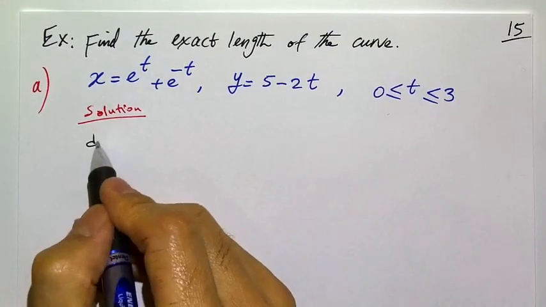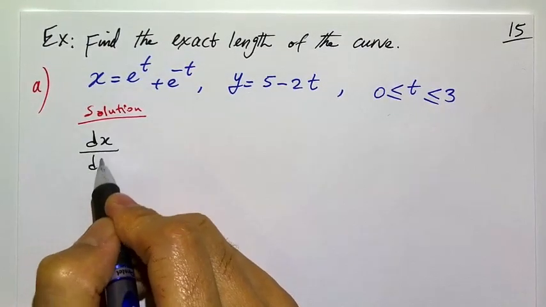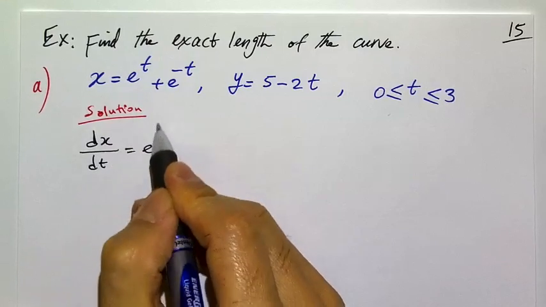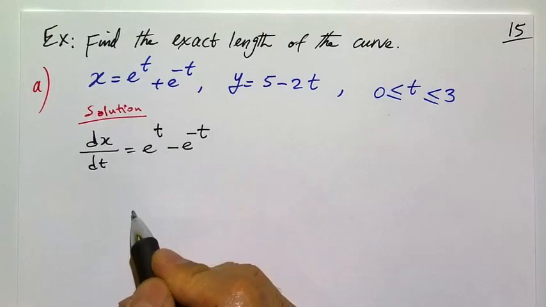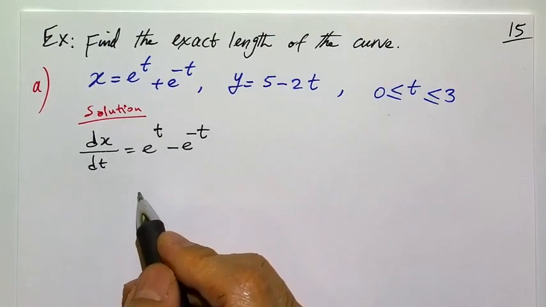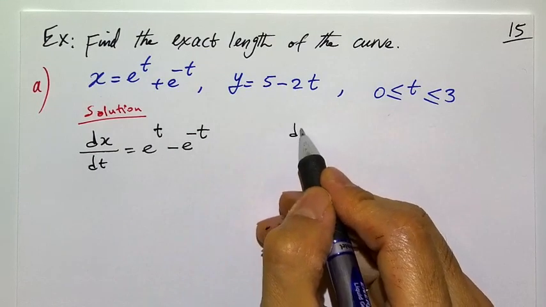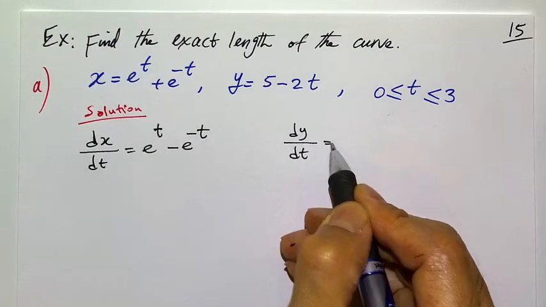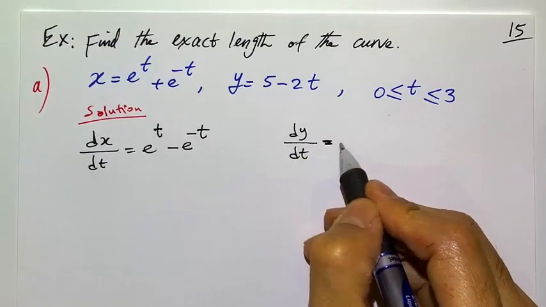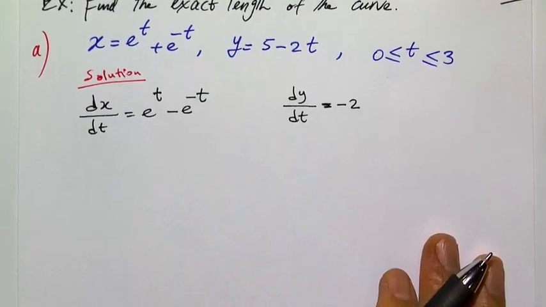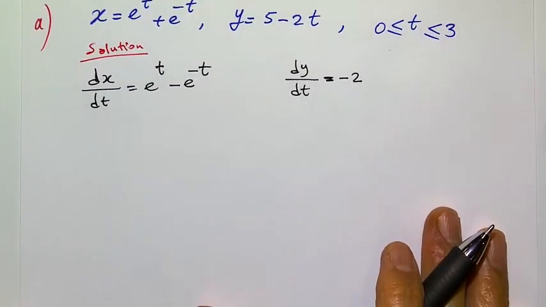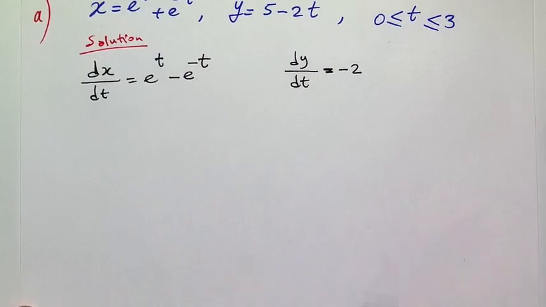We're going to find both of these, dx dt and dy dt. So dx dt would be e to the t minus e to the minus t power. And then dy dt is equal to minus 2. Okay, so let's incorporate those two results in our formula.